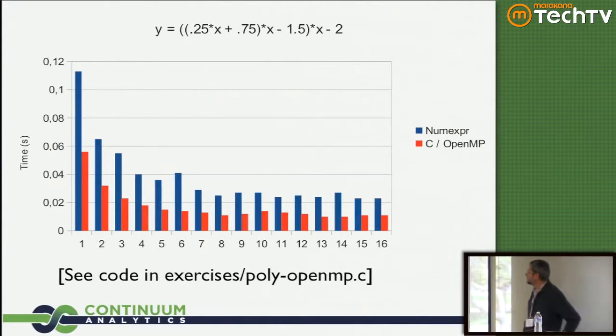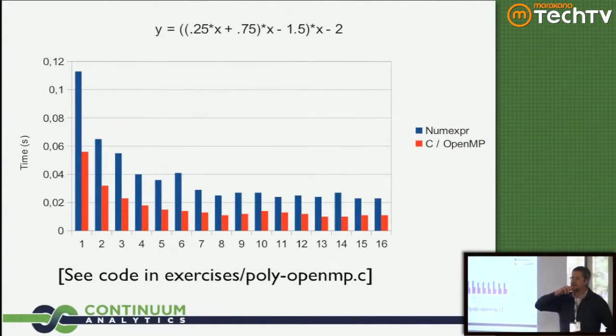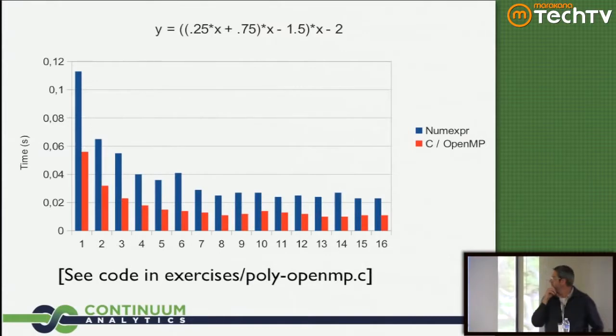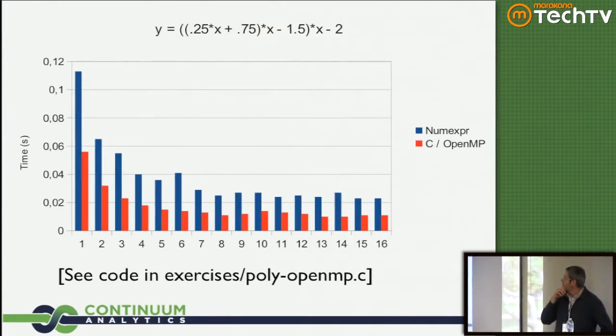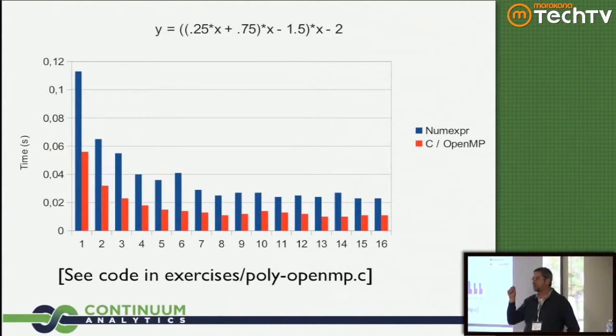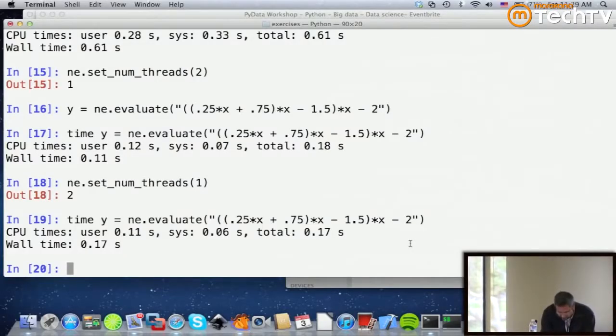This is a comparison of Numexpr with a very well optimized C version of the same thing using OpenMP. OpenMP is a specification that allows you to annotate your C code in order to produce parallel code automatically, and it is supported by most of the modern compilers. Let's have a look at how this works.